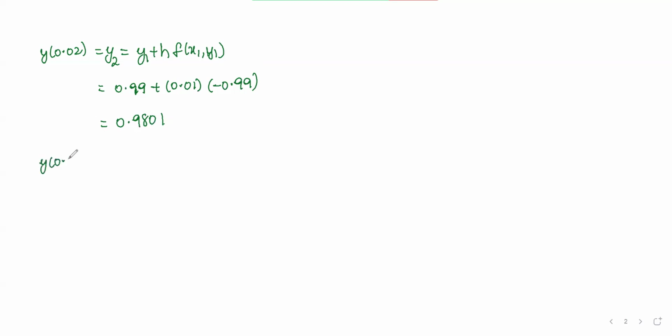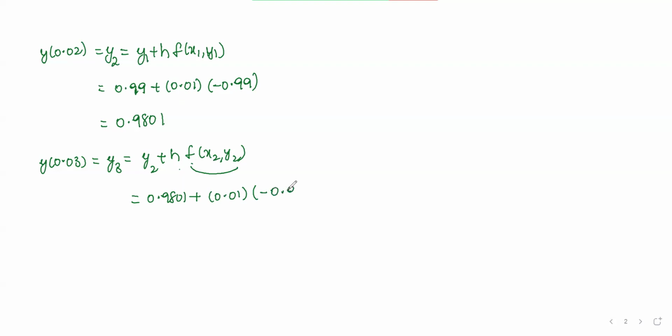The third approximation, y of 0.03 or y3, is equal to y2 plus h into f of x2 comma y2. Y2 means 0.9801 plus h, 0.01, into f of x2, y2, which is minus y2, minus 0.9801. Finally we get the answer 0.9703.